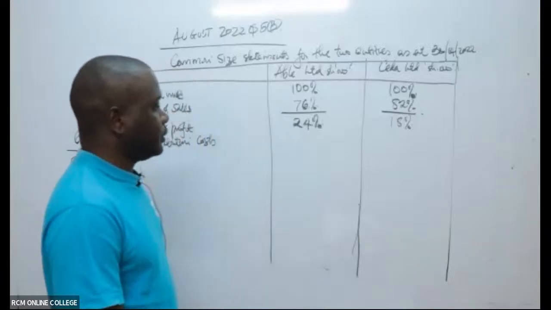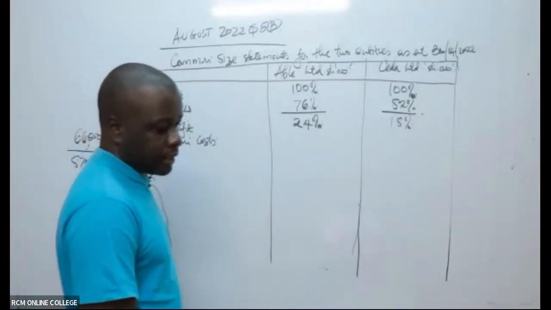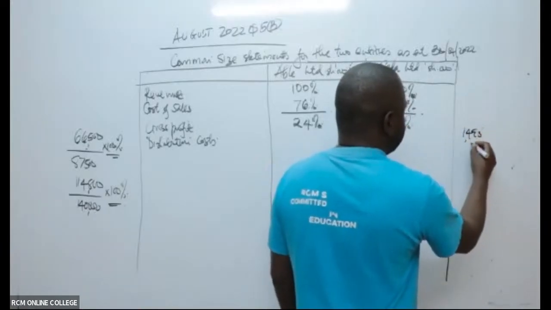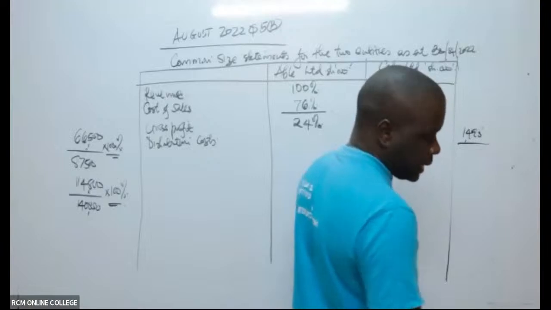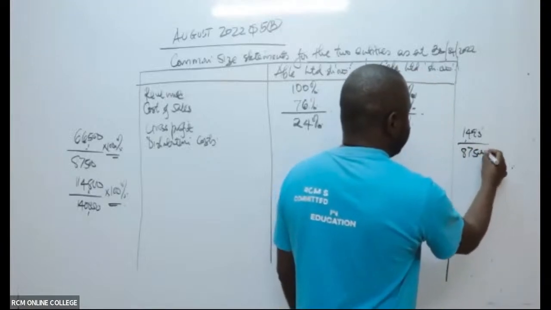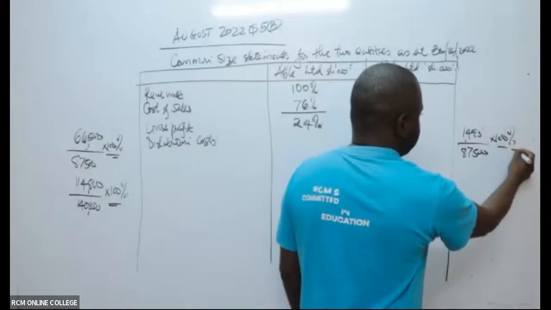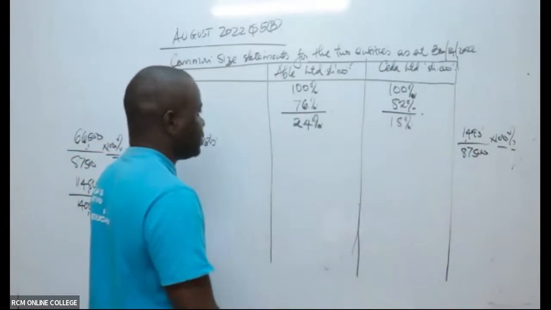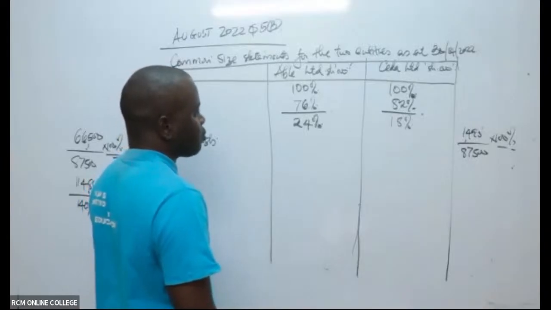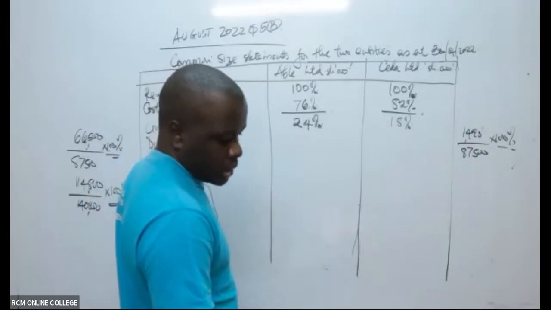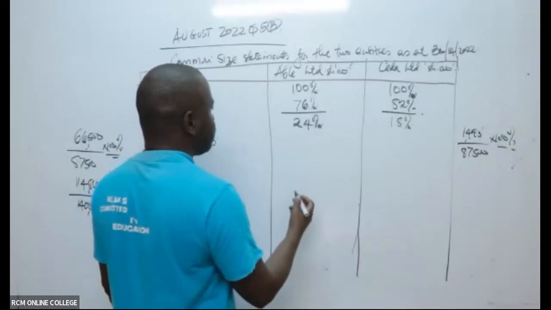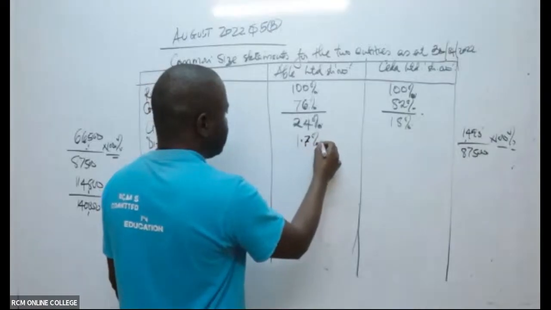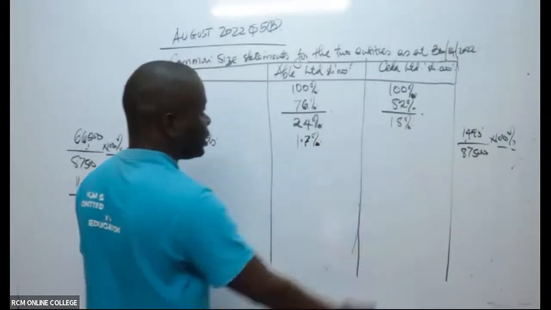You take 1495 over the total sales, which is 87,500, and multiply by 100%. You're getting 1.71. I don't know if we round off to one figure or two figures. We can round to one figure, so let's say 1.7%.